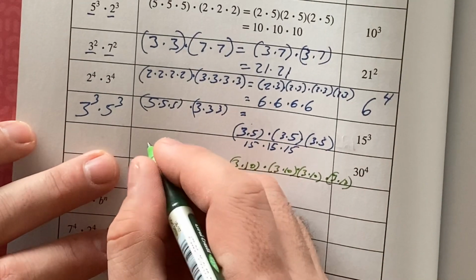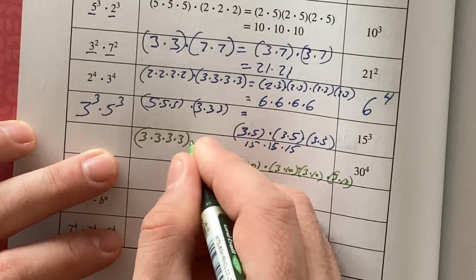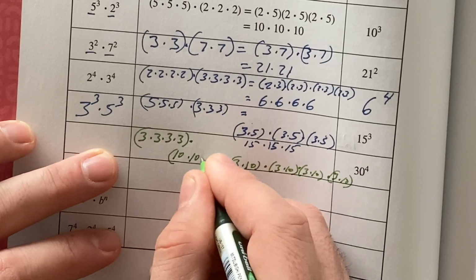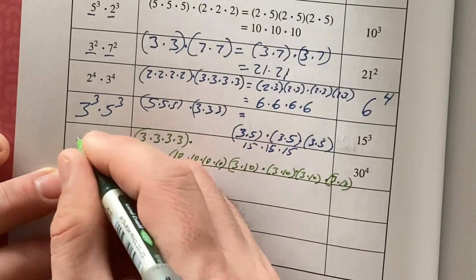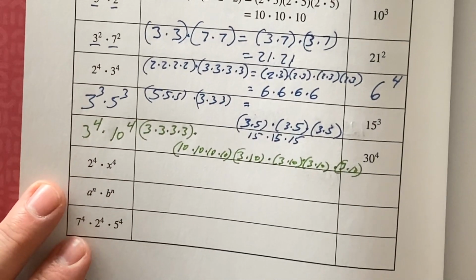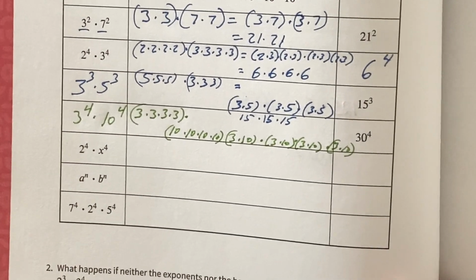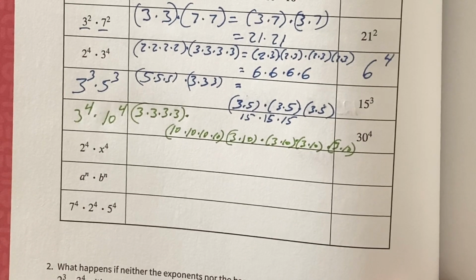So that means I have 4 3s and 4 10s. 3 to the 4th, 10 to the 4th. Yeah, again, you could have done 5 and 6. Could do 1 and 30 technically as well.